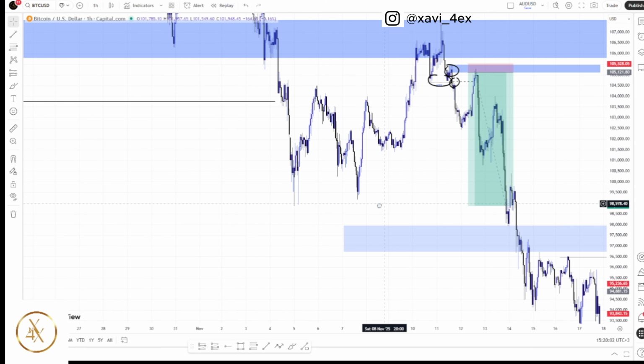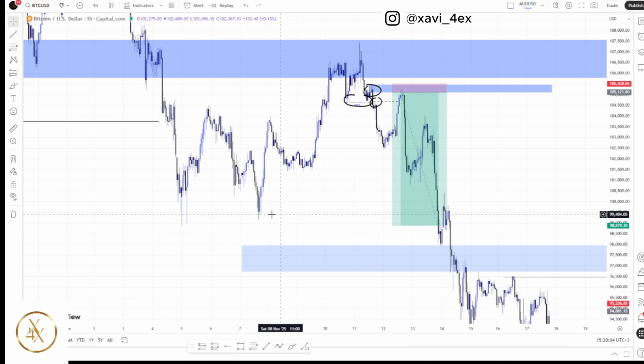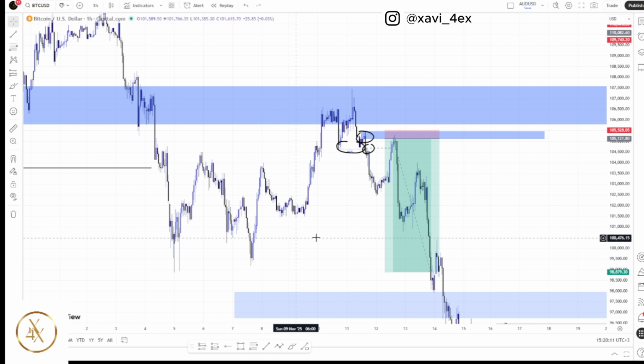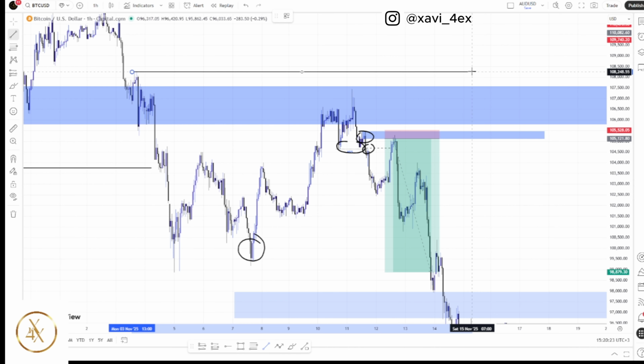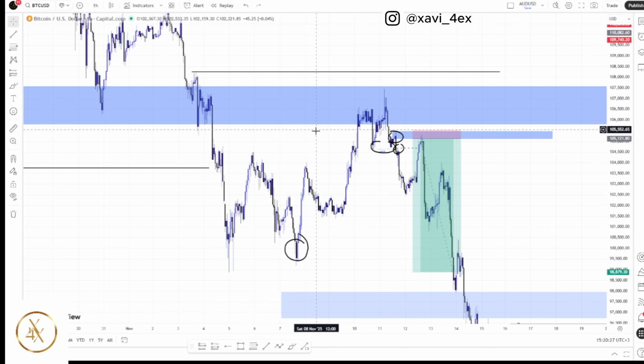So someone who trades any strategy that is trying to buy this would think that, oh, we are bullish now, and they will buy here. They would buy here, trying to take this liquidity out. You haven't gone on the daily to see what is happening, so you'll buy thinking that this is your overall take profit.